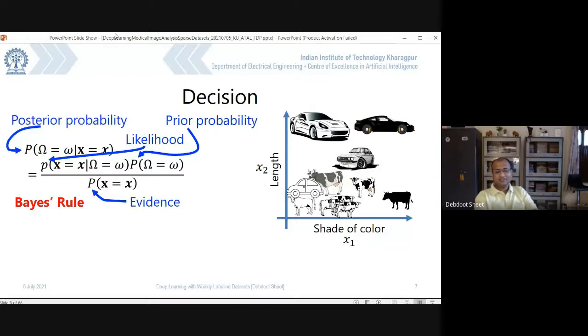Interestingly, you would see that most of these objects might have a bit of overlap. There can be certain cows and cars which will be almost of the same length. In general, a lot of these small hatchback cars are actually of the same length as a cow itself, and they are also almost the same kind of grayscale intensity.